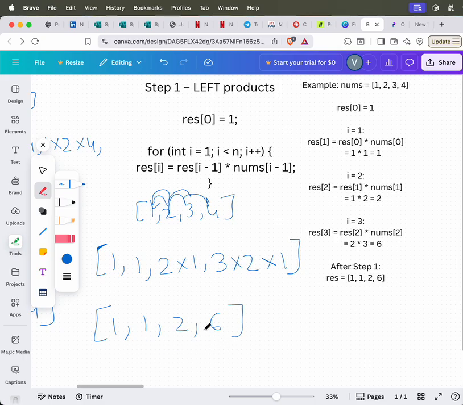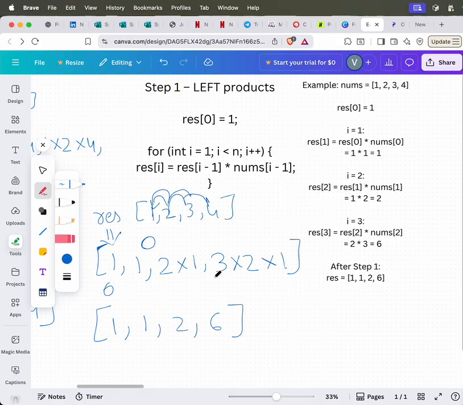So in code, what we have done is generally we take 1 for the first index, because when we had 1 here, there is no previous number. So instead of thinking about that, we just take the first index as 1. This is the resultant array. The resultant array at position i equals the previous result into the previous number.